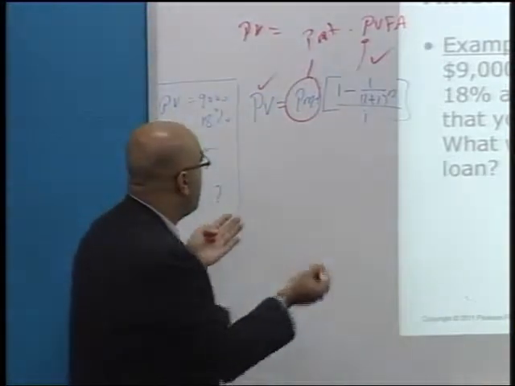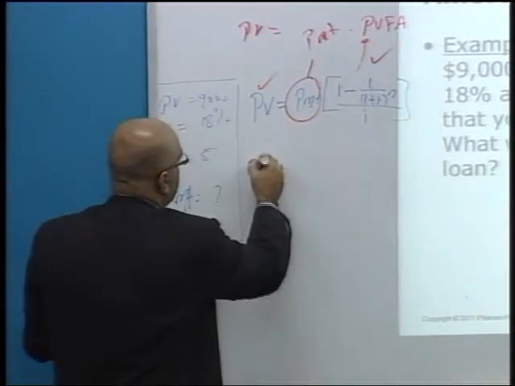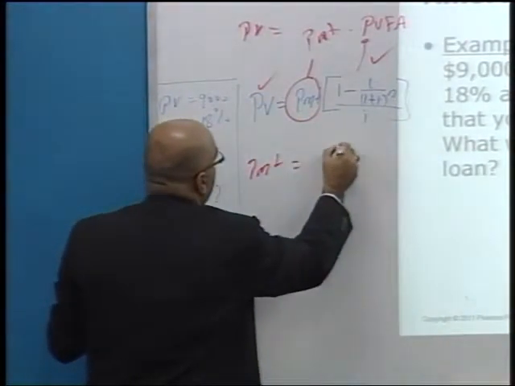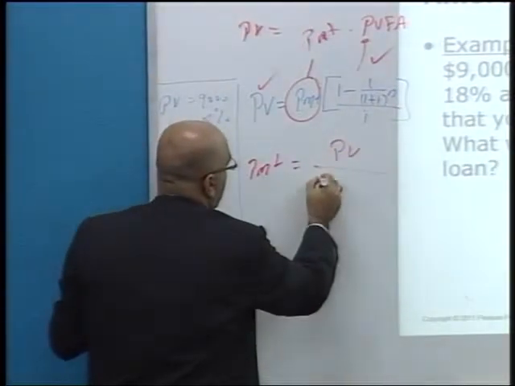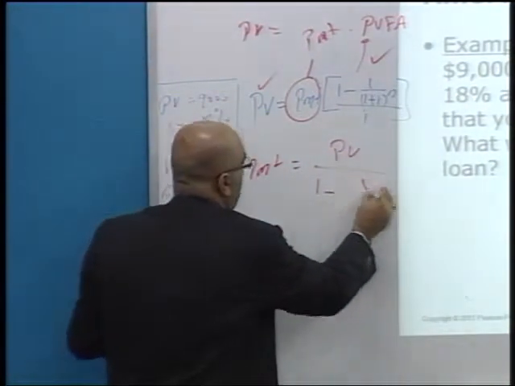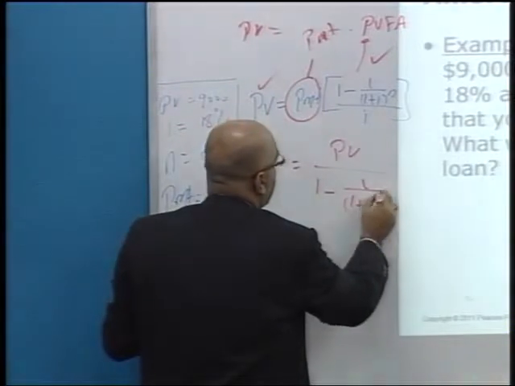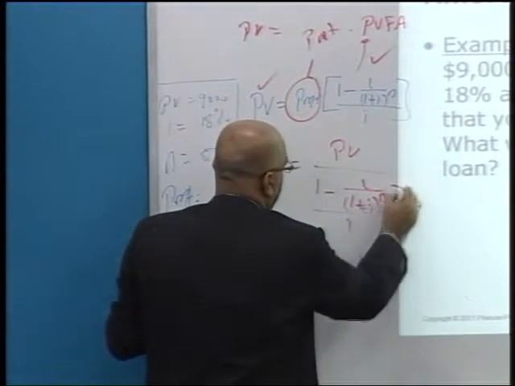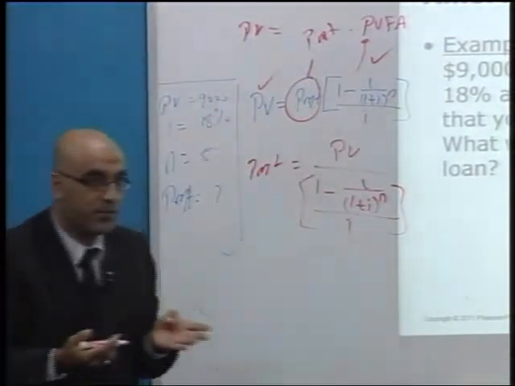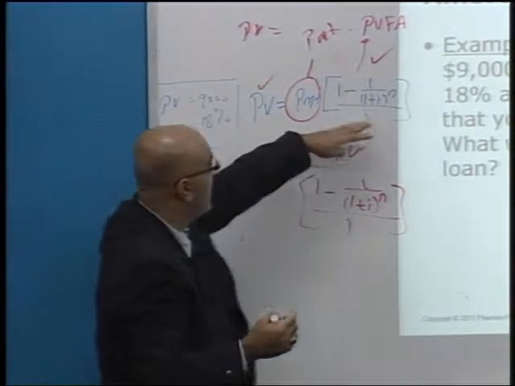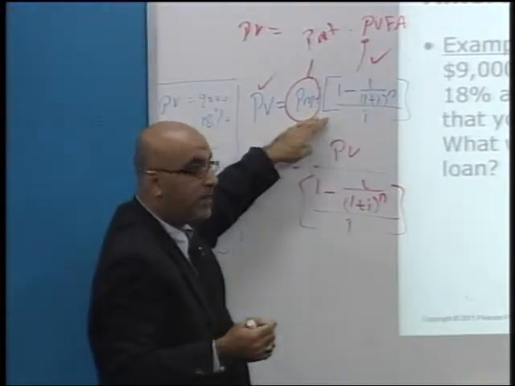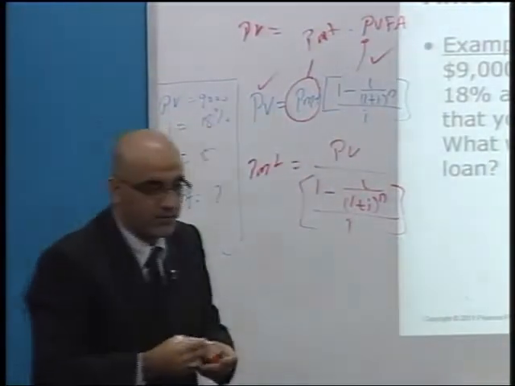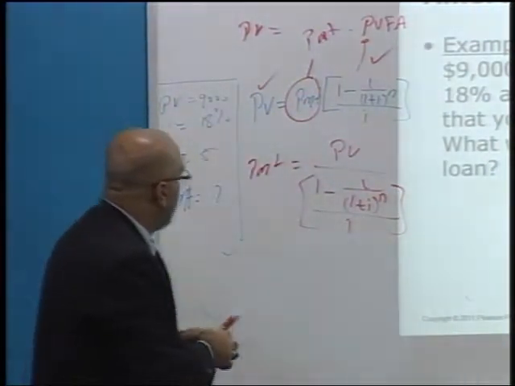You can use either present value payments, in this case equal to the present value divided by (1 minus 1 divided by (1 plus I) raised to the power n), divided by I. You can use this formula, or you can directly use this one.